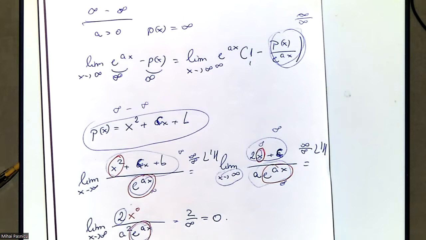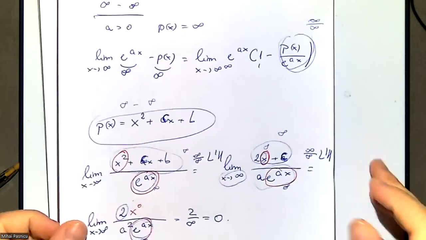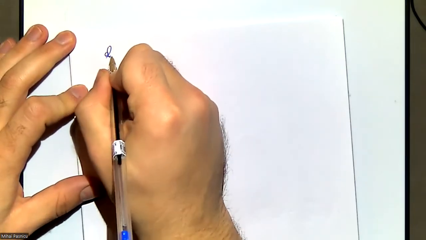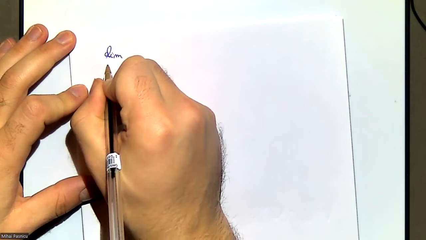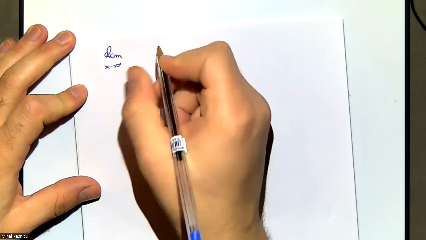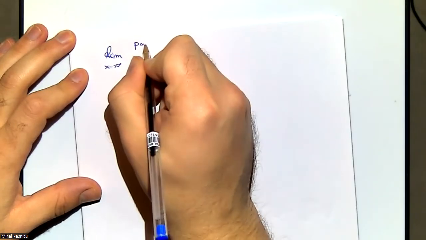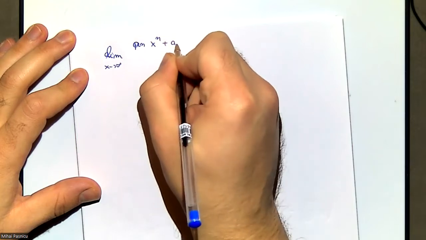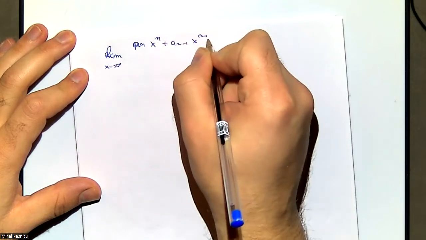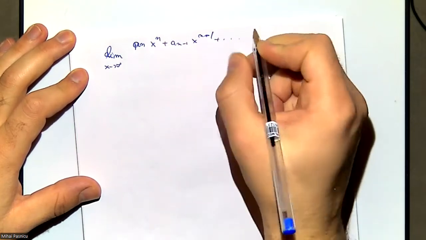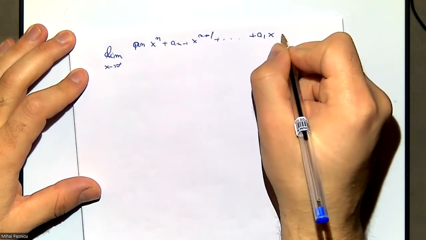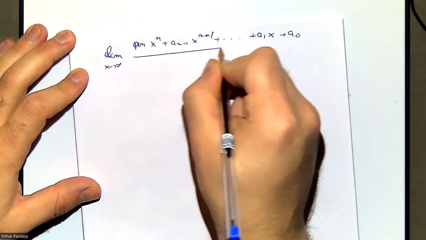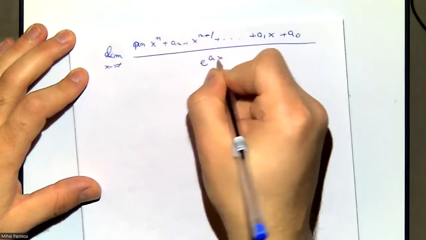but e^(ax) is never going to go away down below. Okay, so again, the argument I use is the following. If I take this huge polynomial, the general case, and I want to compute the limit as x goes to infinity of P_n, a_n x^n plus a_(n-1) x^(n-1) plus dot dot dot plus a_1 x plus a_0 over e^(ax).